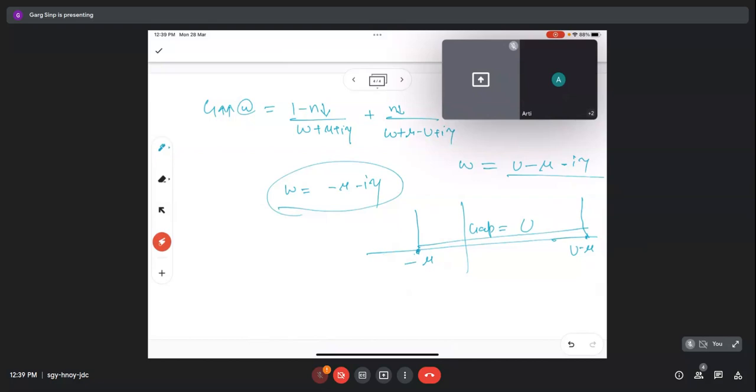And in the single particle density of states also, you will see that there is a delta function at minus mu, then there is another delta function at u minus mu. So there is a gap in the spectrum of the order of u in the atomic limit, which tells you that you cannot have any single particle excitation by providing any infinitesimally small amount of energy close to the Fermi energy. So you have to provide at least an energy of the order of u. So this system is an insulator. Okay.